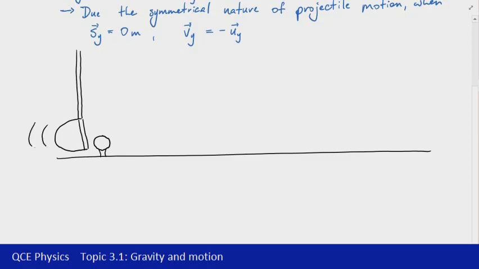It's going to collide with the ball and cause the ball to then move off at some velocity. We'll say that that velocity is 52 meters per second, and the angle that makes with the horizontal is 47 degrees. So the question here might be something like: calculate the range of the golf ball.